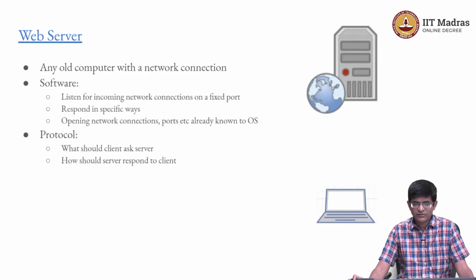So when I say, for example, that software listens for incoming network connections on a fixed port, all you really need to think about is that there is a piece of software executing on the server, which has some connectivity with the network equipment attached to that server.